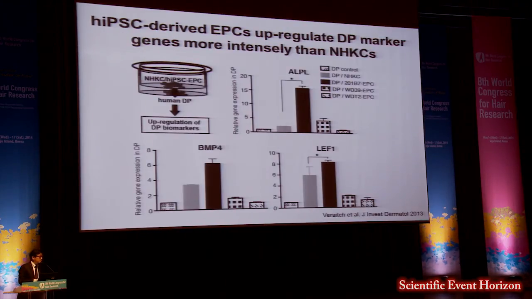And the iPS cell-derived cells can also stimulate DP biomarker expression in the co-culture system, as indicated by black light here, suggesting that the human iPS-derived keratinocyte precursors communicate more efficiently with dermal papilla cells in vitro than human adult normal keratinocytes.